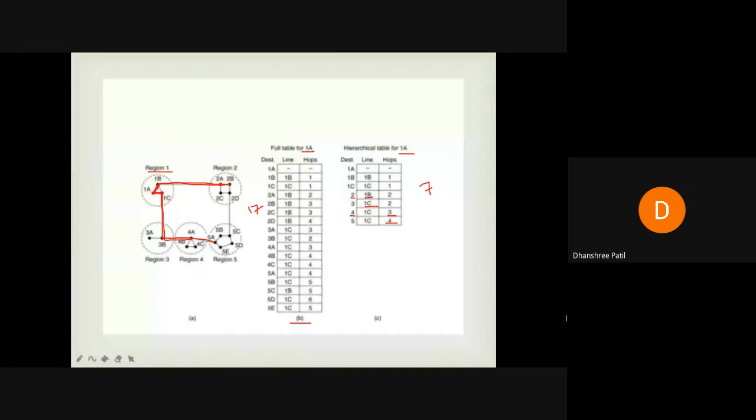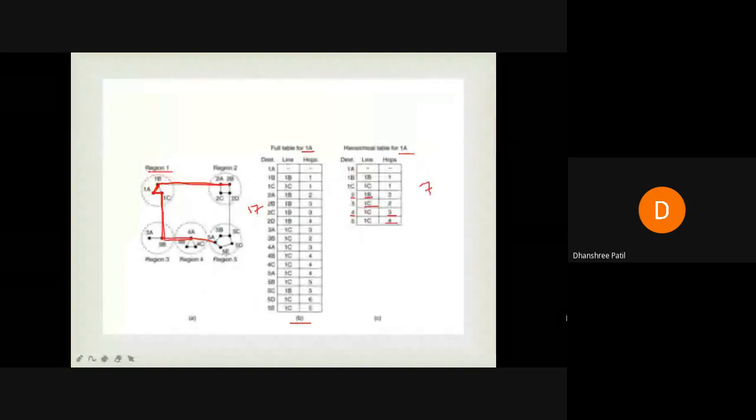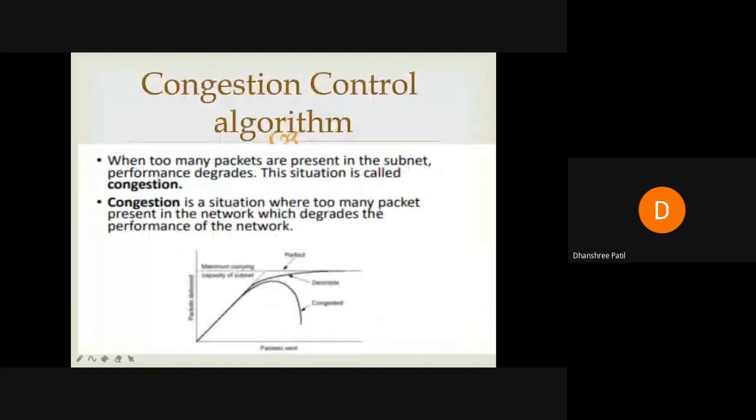Okay. I hope it is clear. No doubt, no? Should I repeat? I think it is clear. Okay. ठीक है. So the next algorithm is the congestion control algorithm.